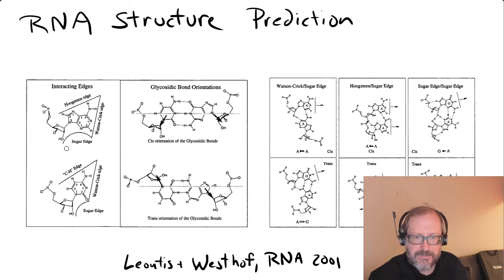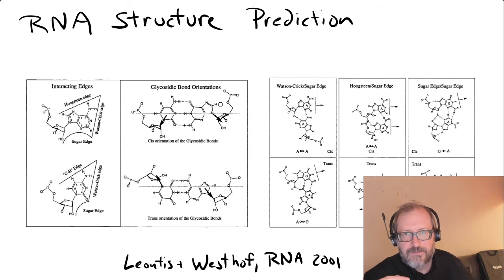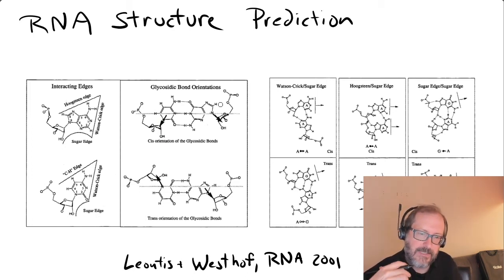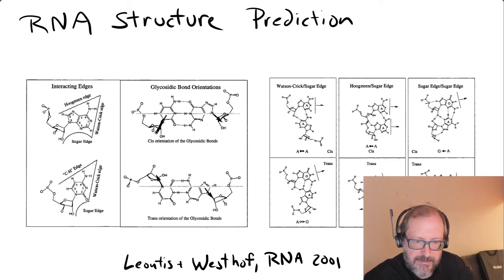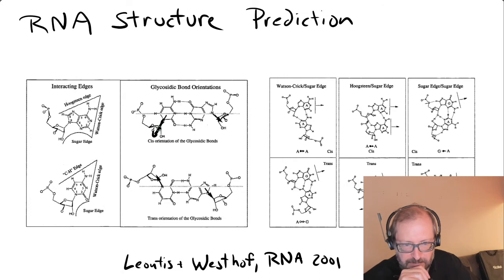And then in addition, there's the so-called orientation. The orientation means which way the glycosidic bonds are pointing. So if you draw an arrow pointing from the glycosidic nitrogen to the C1 prime carbon on the ribose, let's say it's pointing down. If the other one is also pointing in the same direction, then we say that's in cis.